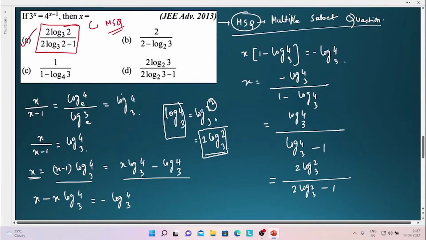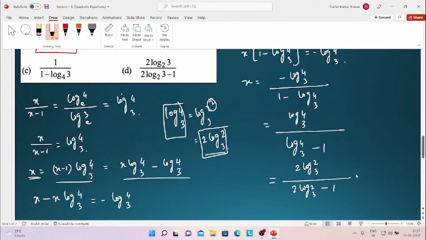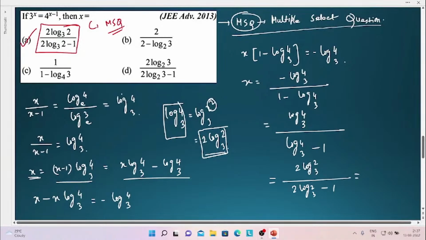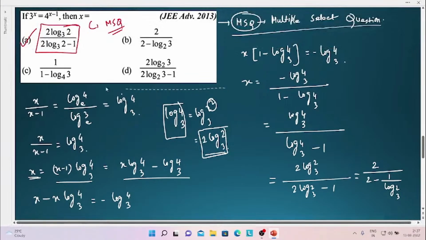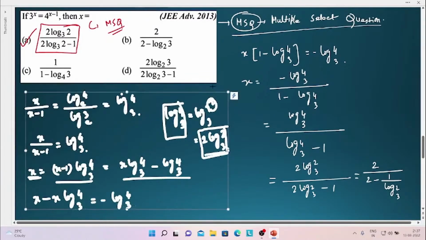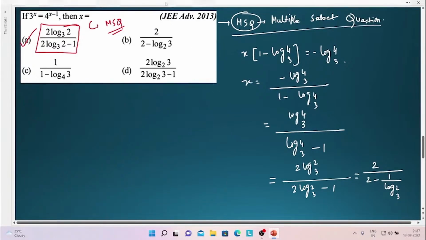Let me check whether any other option is correct. Let me divide the numerator and denominator by log 2 base 3. If I divide, it will be 2 divided by 2 minus 1 by log 2 base 3, right? So we have the relation 2 upon 2 minus 1 upon log 2 base 3.